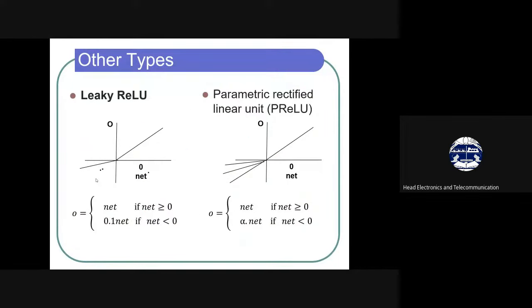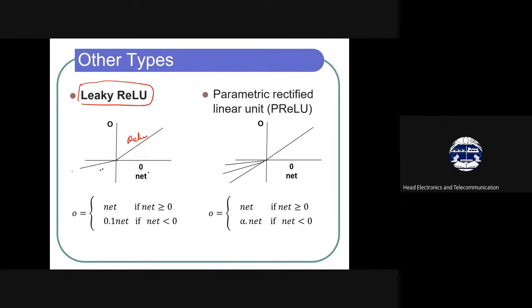Then people found some other versions of ReLU. The first one is called leaky ReLU. So what is done? Just cut this thing here and just keep this, which is our standard ReLU. Instead of that, they are now passing a small value, maybe 0.1 of net.